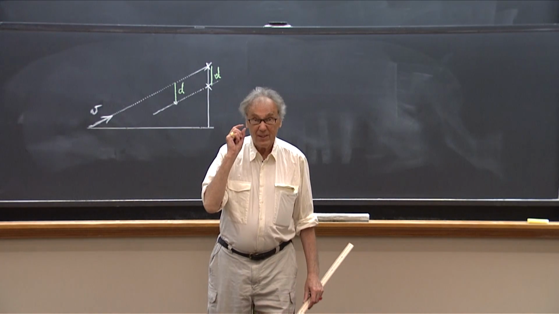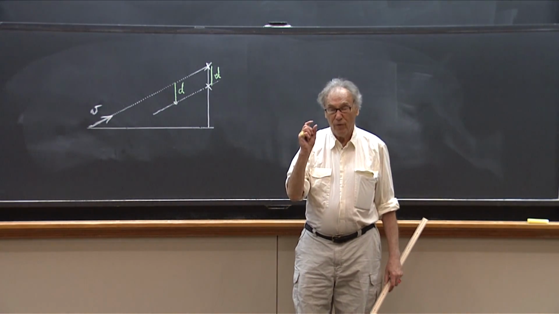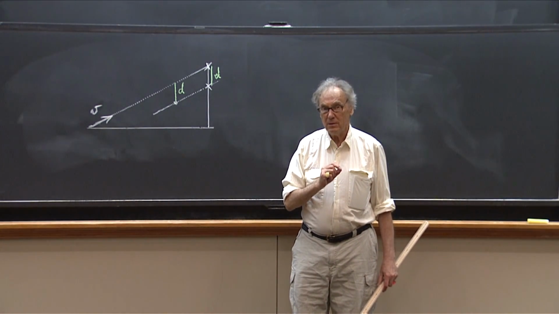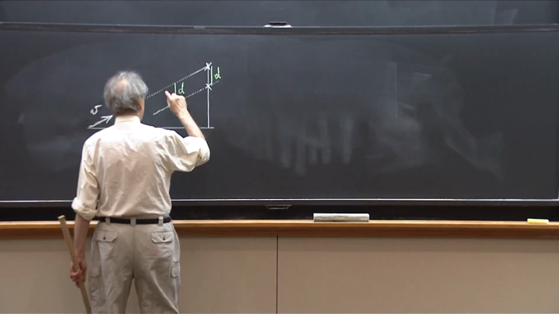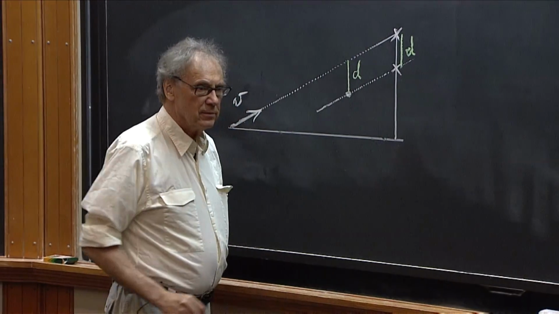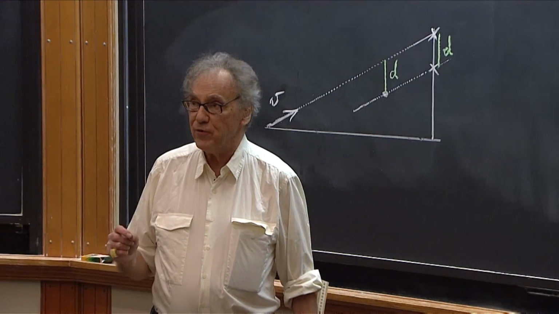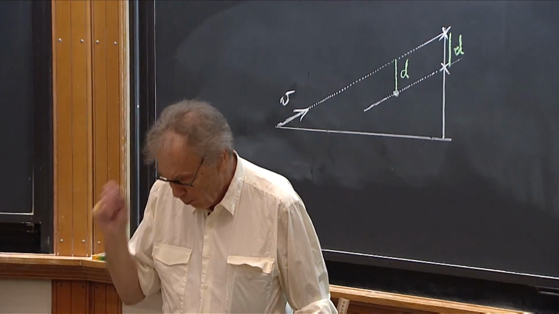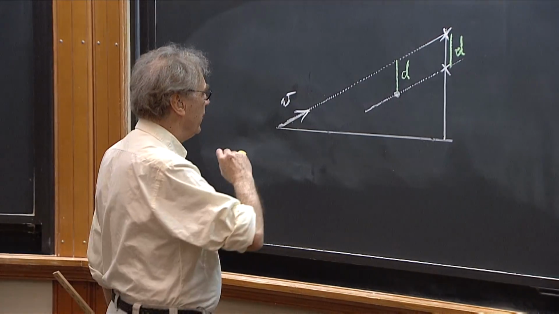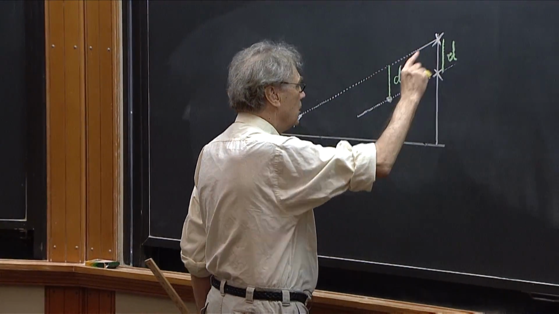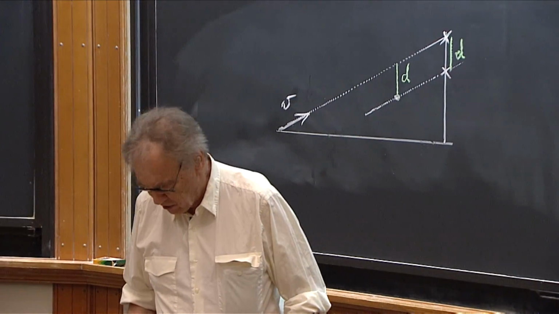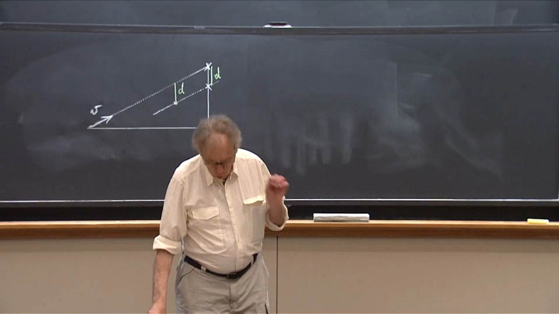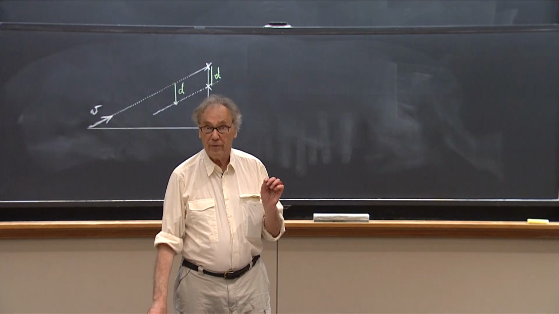If Robert has fallen 40 centimeters, the bullet will have fallen 40 centimeters below this line. If Robert has fallen 1 meter, the bullet will have fallen 1 meter below this line. The distance d is always the same for both.